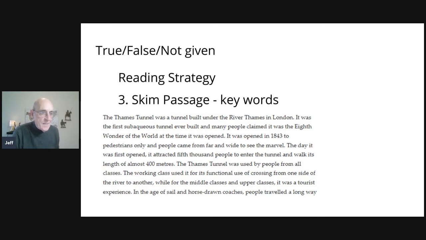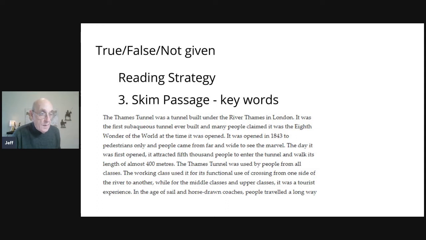And I've just taken a paragraph from the passage. And what I'm going to do is quickly look and read every word, but only looking for key information. As I go through every word as quickly as I can, I'm going to underline key words. First of all, I'm going to underline any key words that I've already underlined in the questions.